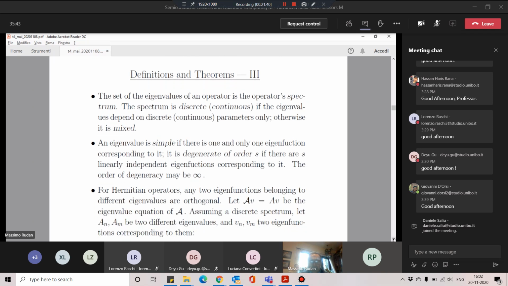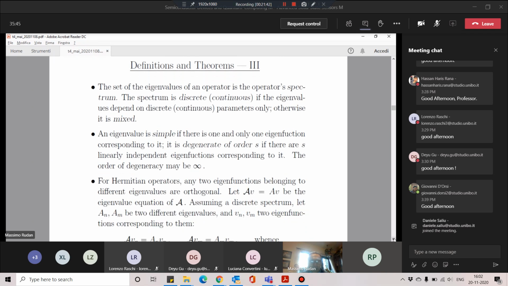Here we have a few definitions. You remember we already calculated two examples of the solution of the Schrödinger equation. In the example of the box, we found that the eigenvalues in energy are counted by an integer index n.